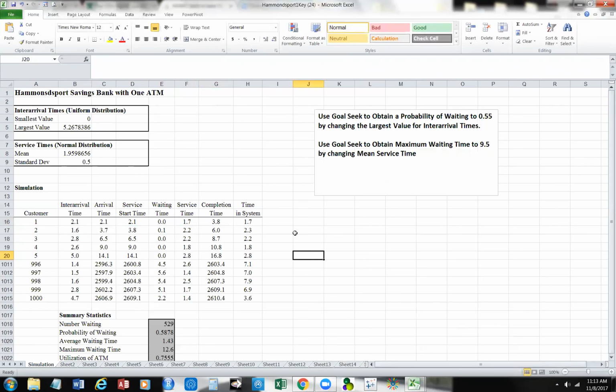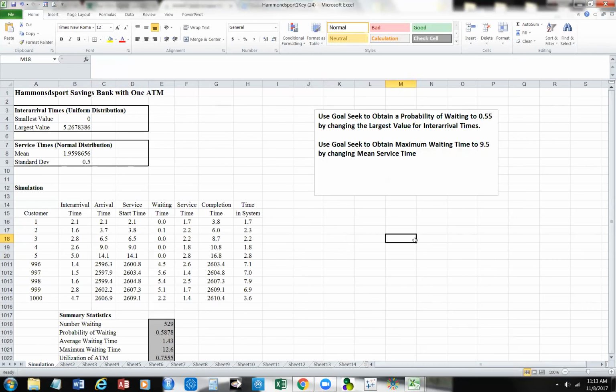Now as I mentioned, there are settings in Excel that are designed to freeze those, but then you don't really get the value of randomization. And I've given you guys an assignment to obtain a probability of the waiting time, and then obtain a maximum waiting time by changing the mean time of service.